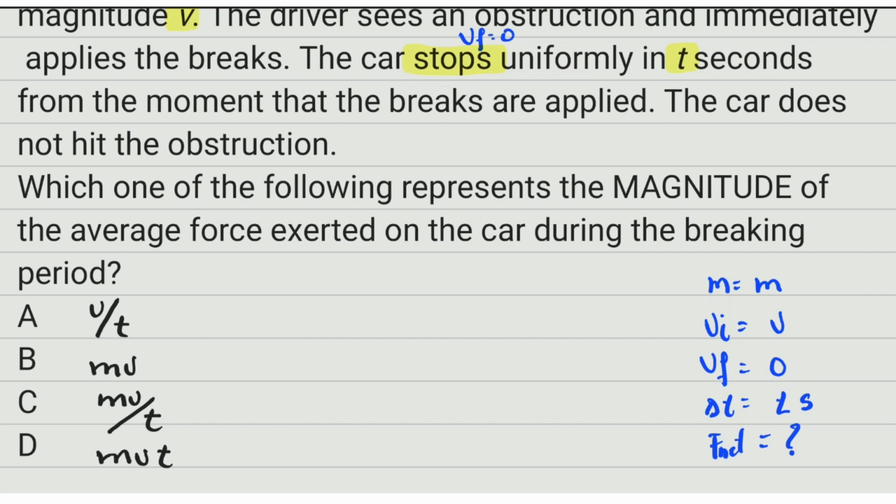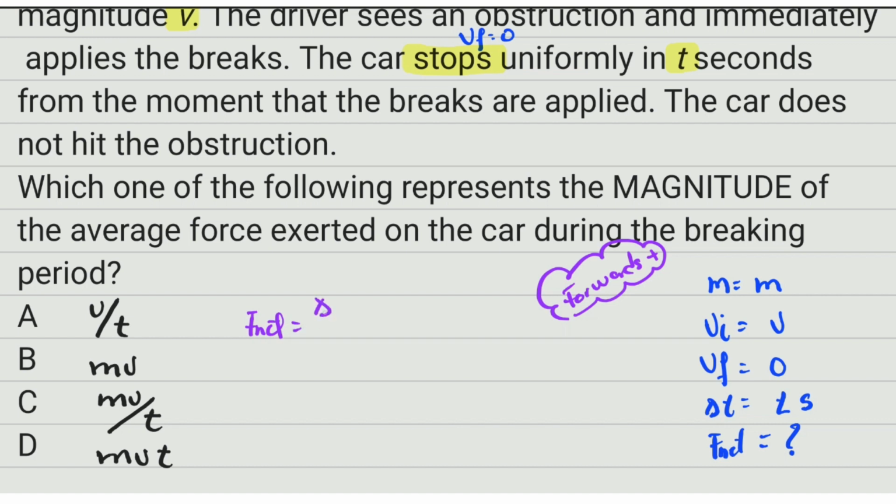This car is moving in only one direction and it stops, so the forward direction is going to be positive and therefore everything is positive. It's not needed in this question because everything is moving in the same direction.